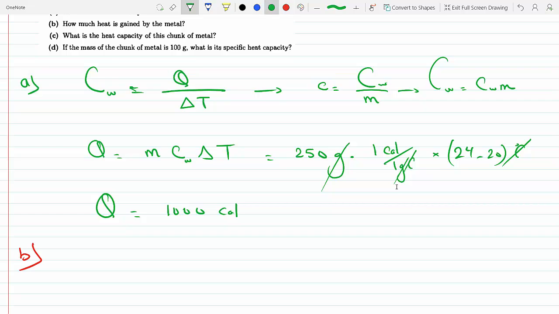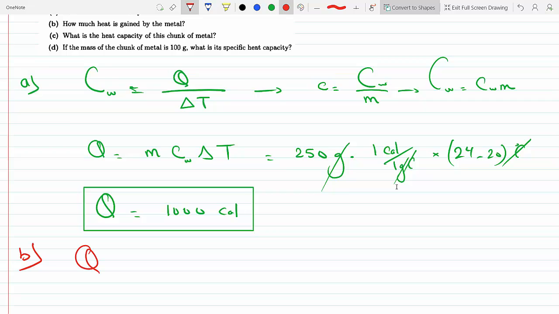So for part A, this is the heat lost. For part B, Q gained by the metal has to also equal 1,000 calories.